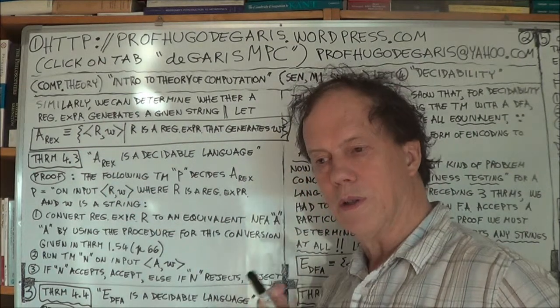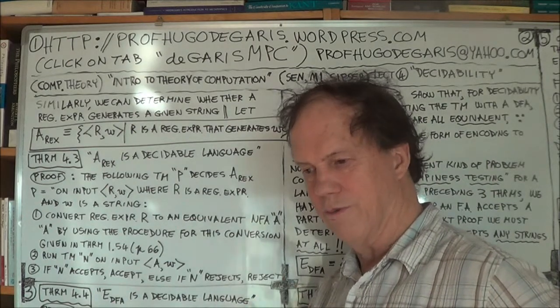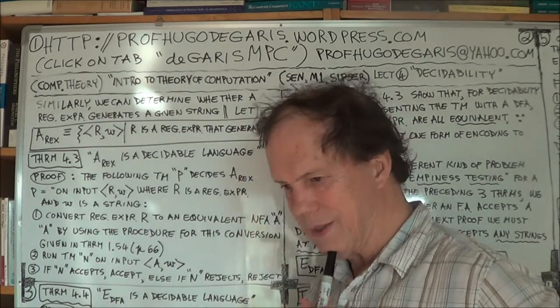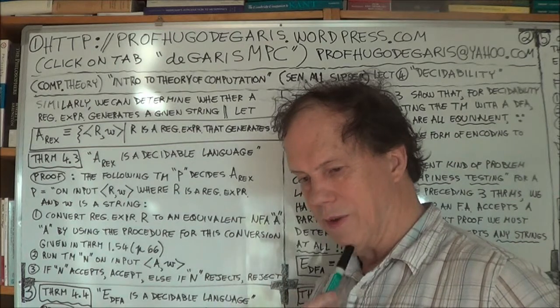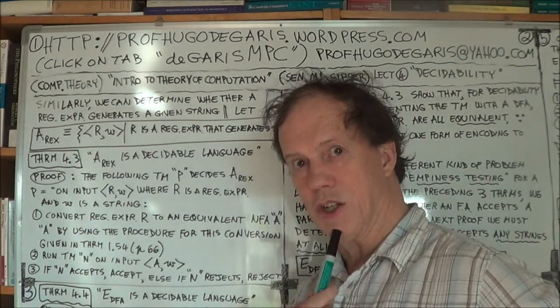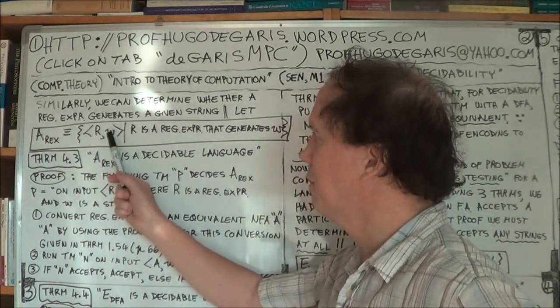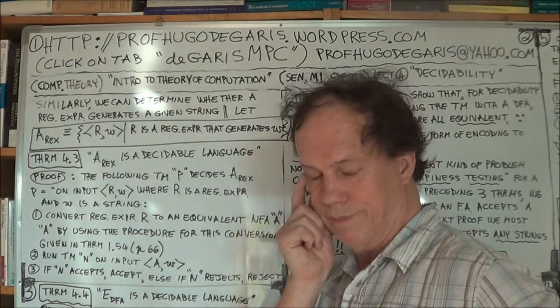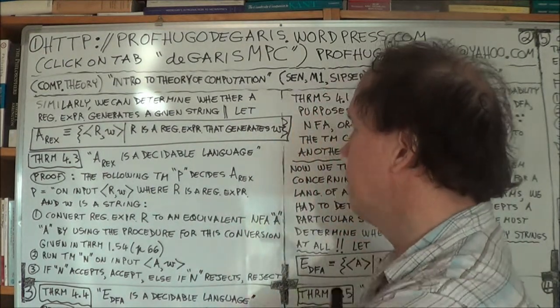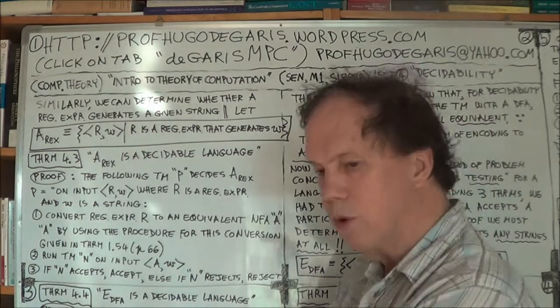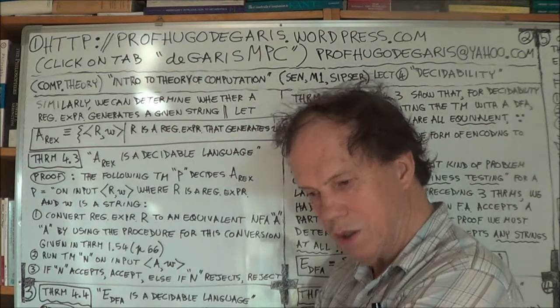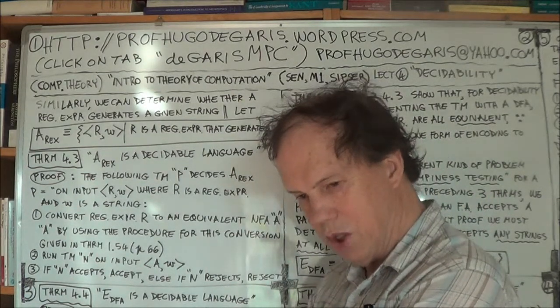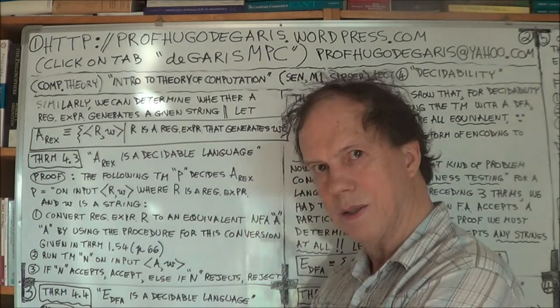Okay, so it's a proof by construction. If we can construct the Turing machine that does decide that language, then we have an answer to our computational problem: does R generate W? So the proof takes the form of a proof by construction. We have to construct the Turing machine that decides the language.